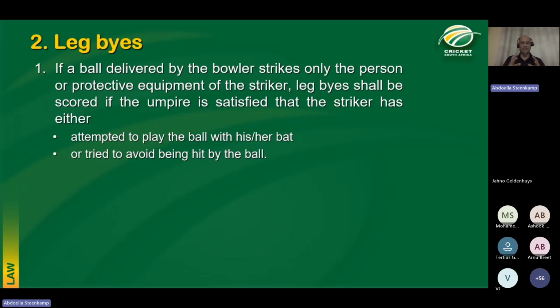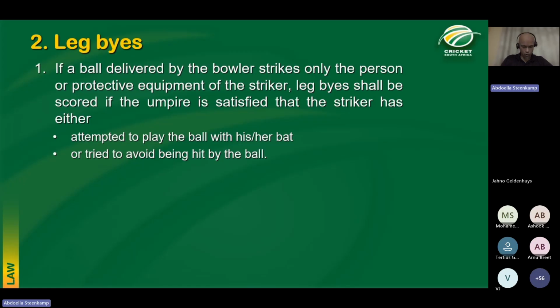Leg byes are allowed if the ball strikes any part of the person, whether it's the pad, the arm, the back, the helmet. But there are 2 conditions: either the batter needs to have tried to play at the ball with the bat or tried to avoid being hit by the ball.